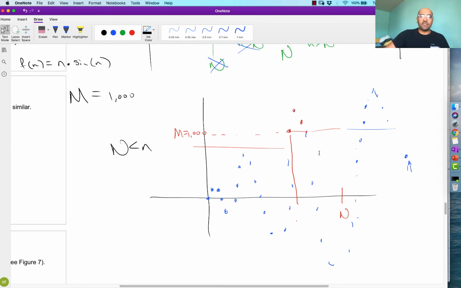So here is a case where there is always going to be a number, lowercase n, bigger than capital N, such that the output of my sequence is greater than capital M, but there will always also be a number that is below that. So the limit is not equal to infinity, right?